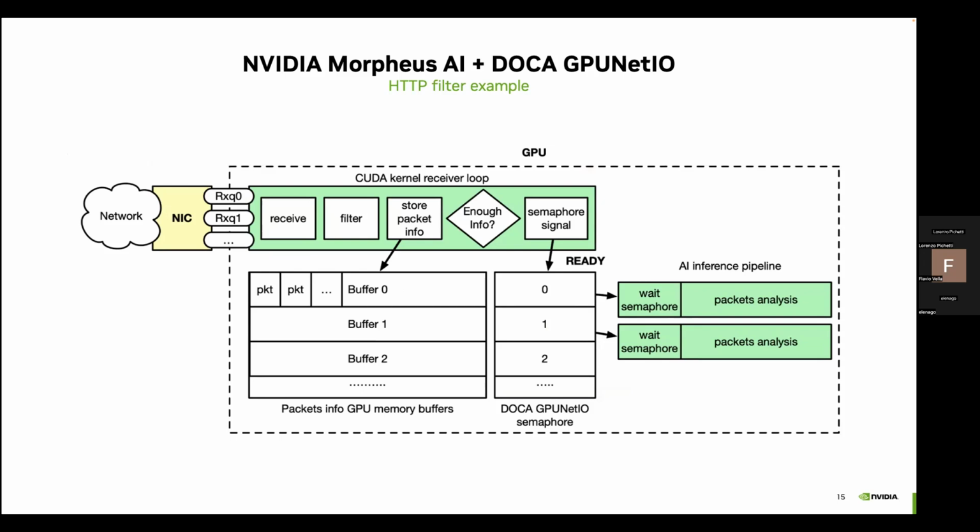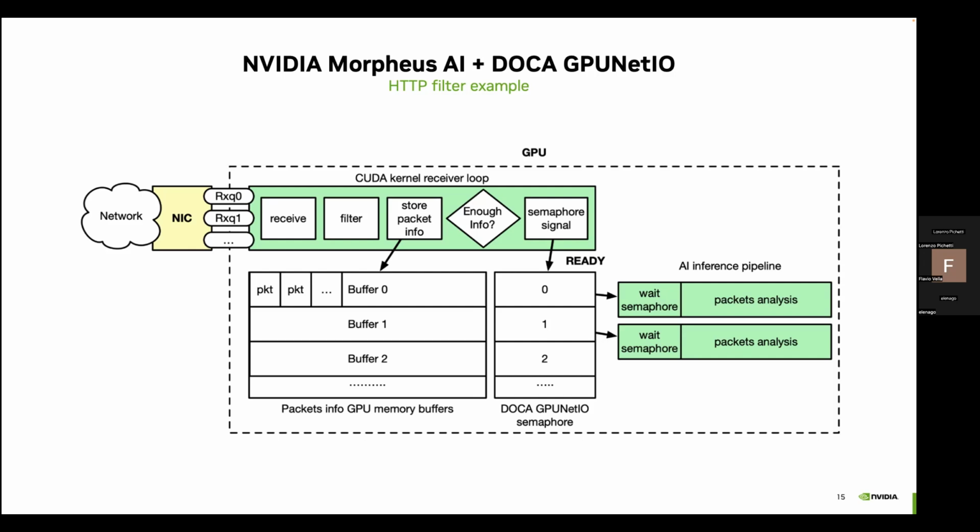So Morpheus is our AI framework that you can use for security purposes, to use basically AI on the GPU to accomplish security tasks of different types.